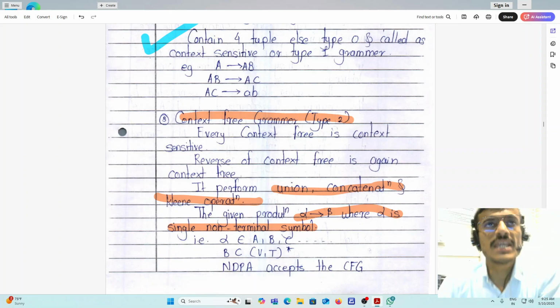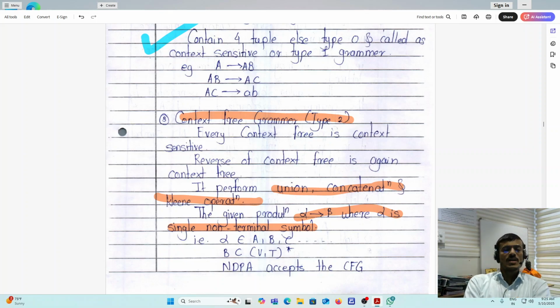So basically, in the previous two cases, there was no restriction for alpha, but in the case of context-free grammar there is a restriction. In context-free grammar, alpha, meaning the LHS, should be a single non-terminal symbol. It should not contain a terminal symbol. That is alpha tends to beta. Fine.